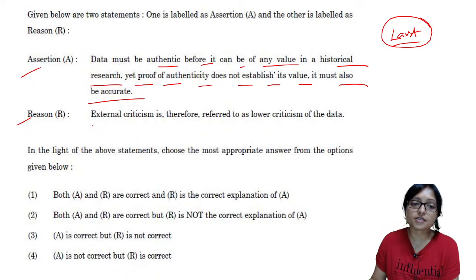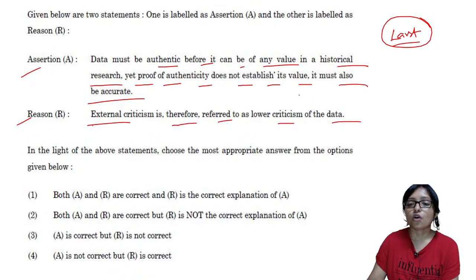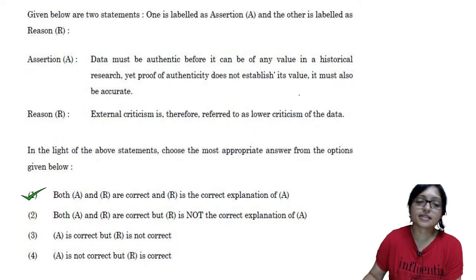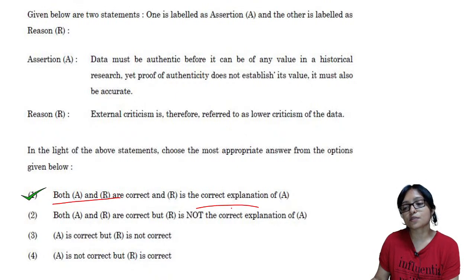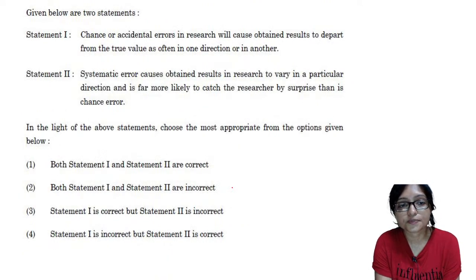And the next one: external criticism is therefore a reference to the lower criticism of the data. Yes, here also assertion and reason both are correct and this is the correct explanation of the assertion. You all are correct.